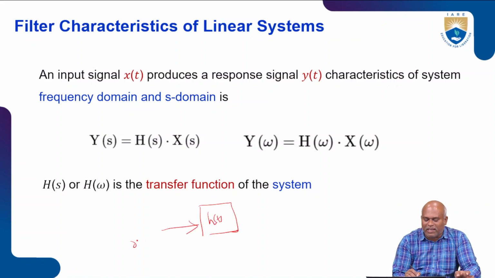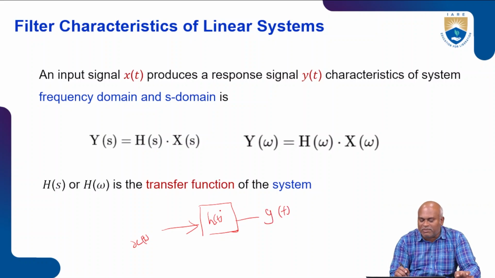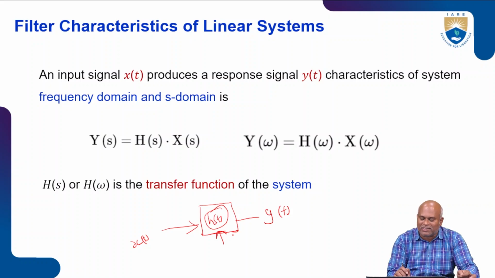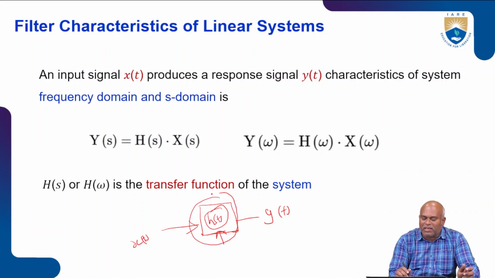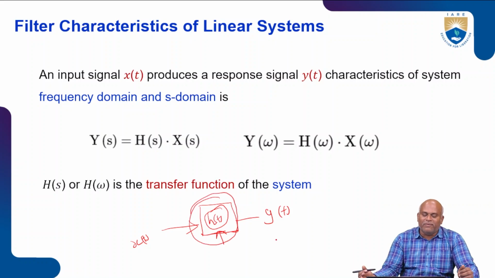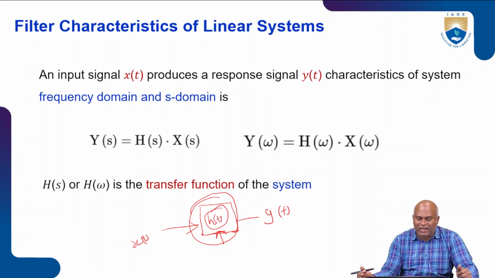We give the input x of t, and it produces the output y of t. This is represented as a system. What we do with electronic devices or passive components, these components make the filter characteristics.